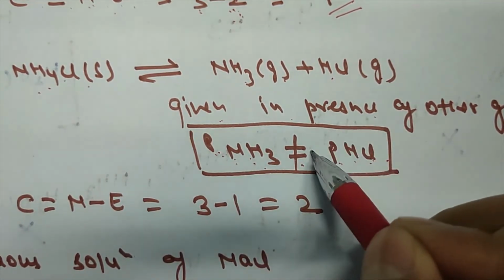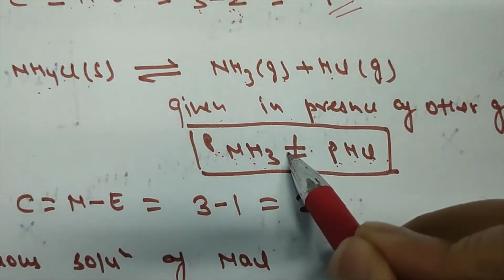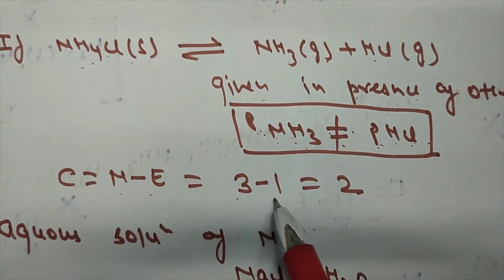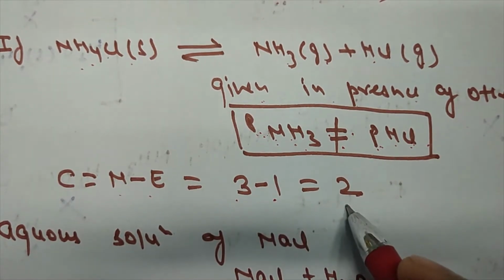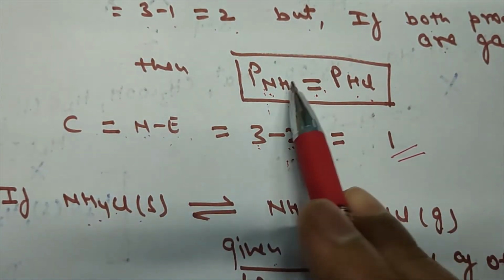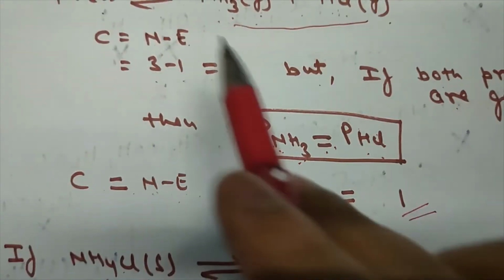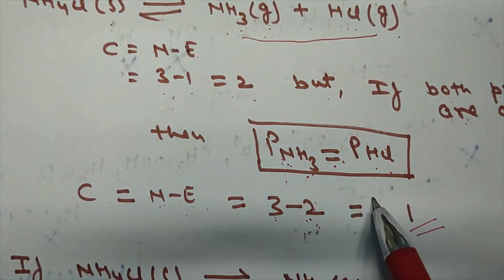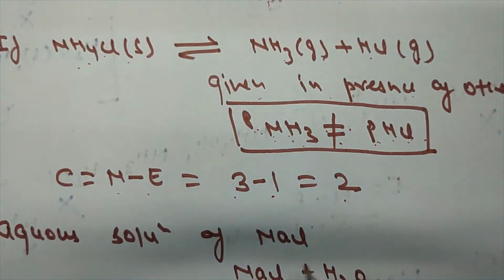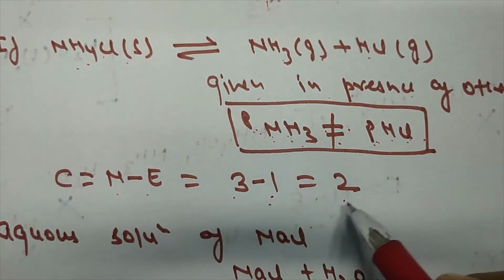If this is mentioned in your question, then N minus E, the 3 chemical species, you consider only the equilibrium, then the component will be 2. If it is not mentioned there, then you have to take 2, one for the equilibrium and one for the pressure equilibrium when the products are gas. If it is not mentioned, then you always take only the equilibrium, then the component will be 2.